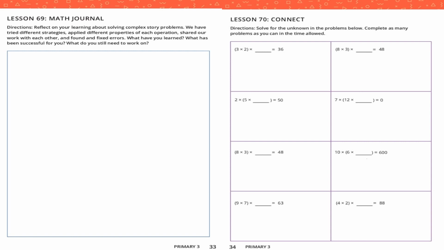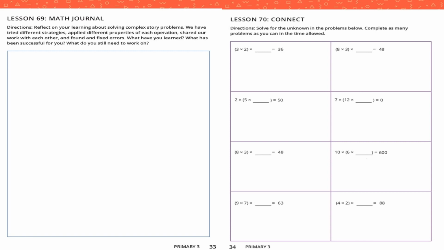What have you learned and what has been successful for you? What do you still need to work on? You can fill this page by yourself. It's about what's easy for you and what is difficult for you. You can mention what you need here.